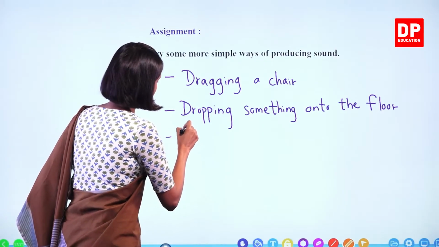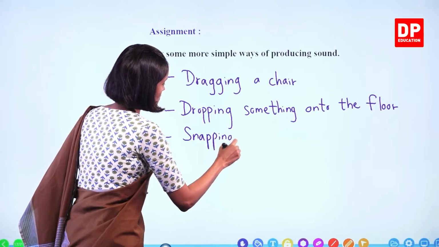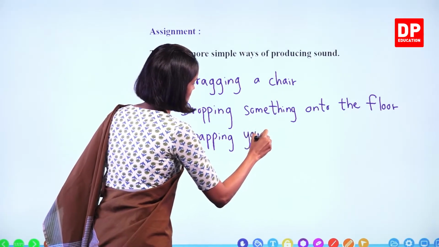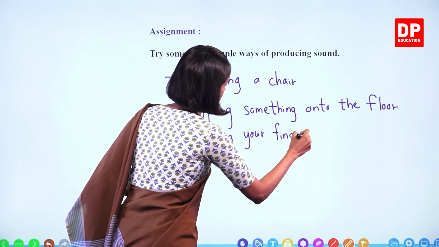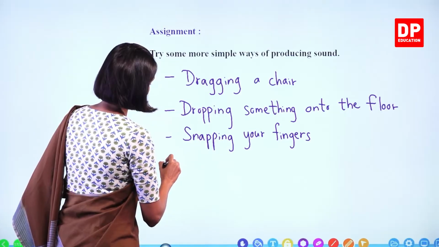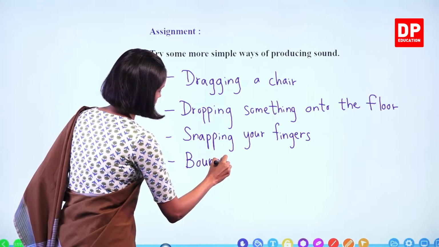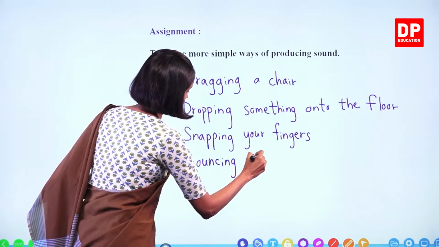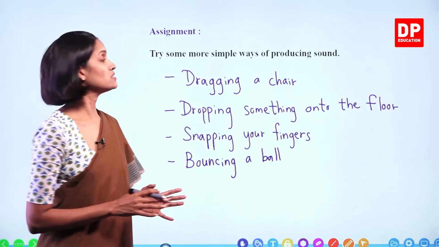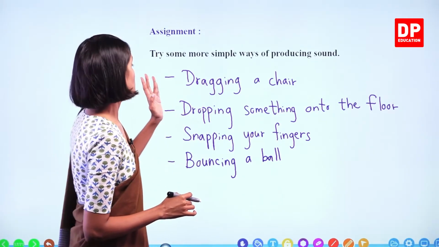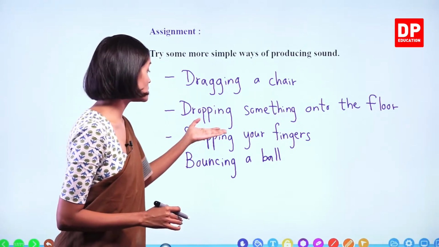What else? Snapping your fingers. What else, children? Bouncing a ball. Okay, children? Dragging a chair. Dropping something onto the floor. Snapping your fingers. Bouncing a ball.